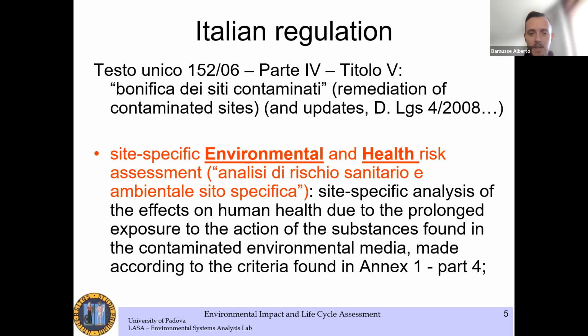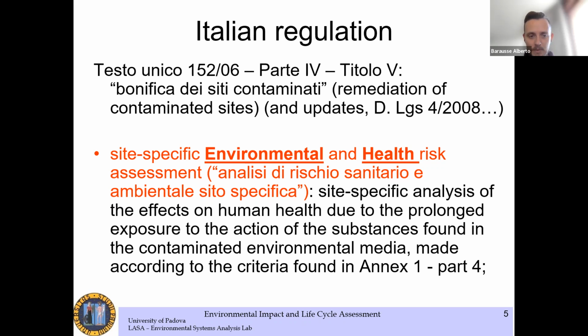For example, in the Italian regulation, which is Testo Unico from 2006, there's a section dedicated to the remediation of contaminated sites. This piece of policy has been updated, but it is the main reference when dealing with risk assessment.